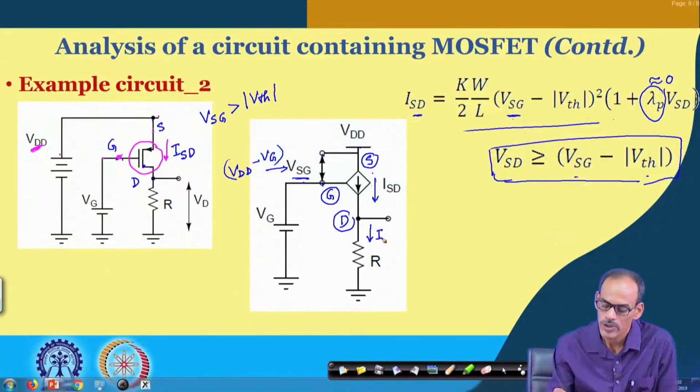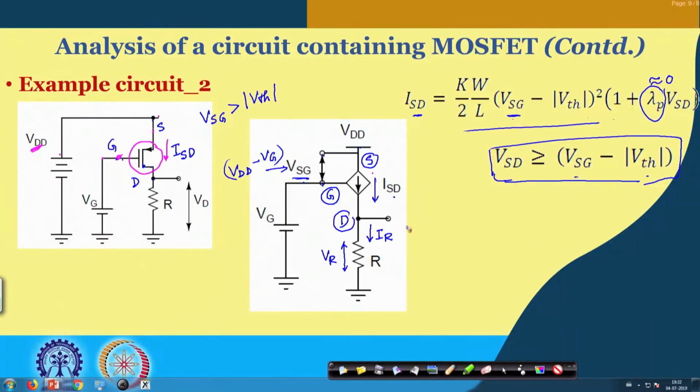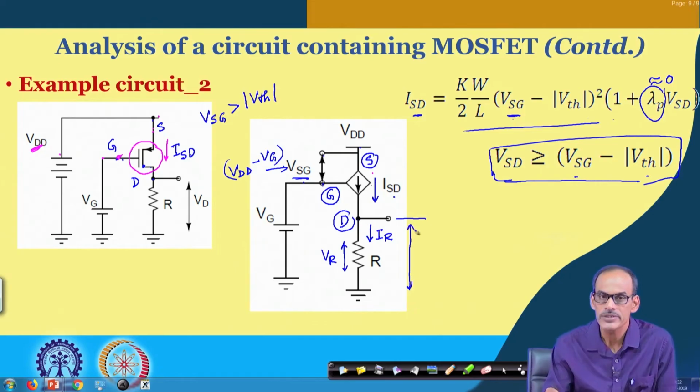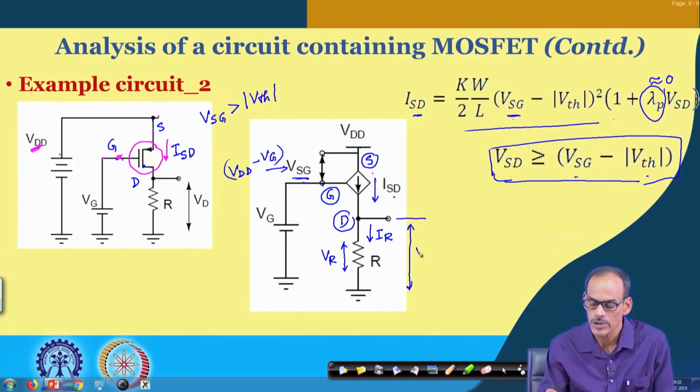So, we may call this IR, which is equal to ISD, and that is producing a drop across this resistor called VR. Incidentally, this VR is the same as the output voltage. So, we may say that V out is the same as VR, which equals VDD minus VSD.